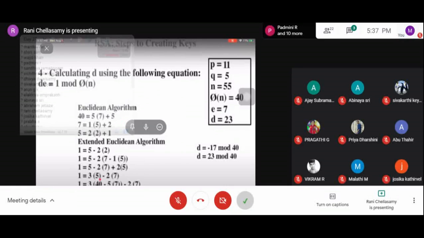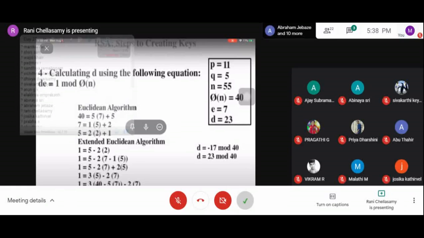So 3 into (40 minus 5 of 7), and you carry along minus 2 of 7. Okay, fine. Now expand this. 3 of 40 minus 15, 3 into 5 gives 15, into 7, minus 2 of 7. So minus 15 of 7 minus 2 of 7. You can go with adding, so minus 17 of 7 will come.